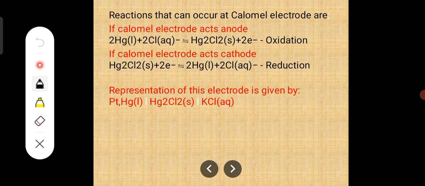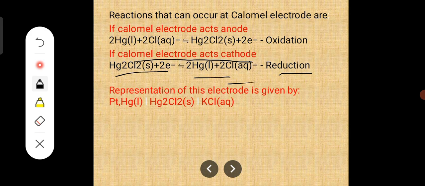If the calomel electrode acts as an anode, an oxidation reaction takes place: 2Hg plus 2Cl minus reversibly gives Hg2Cl2 plus 2 electrons. If it acts as a cathode, a reduction reaction takes place: Hg2Cl2 plus 2 electrons reversibly gives 2Hg plus 2Cl minus.